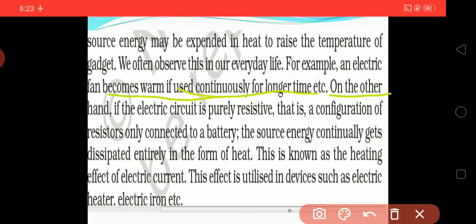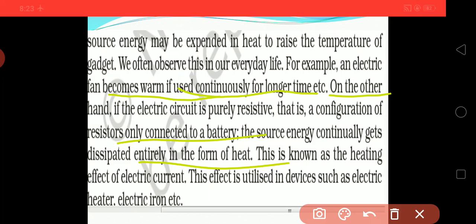On the other hand, if the electric circuit is purely resistive, that is, configured of a resistor only connected to the battery, the source energy continually gets dissipated entirely in the form of heat.